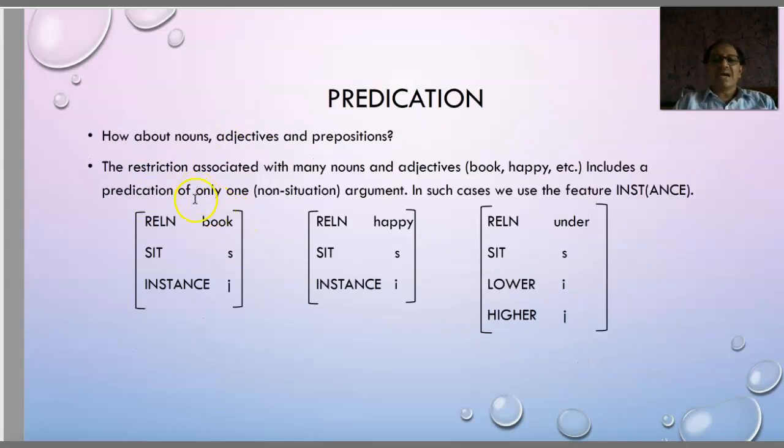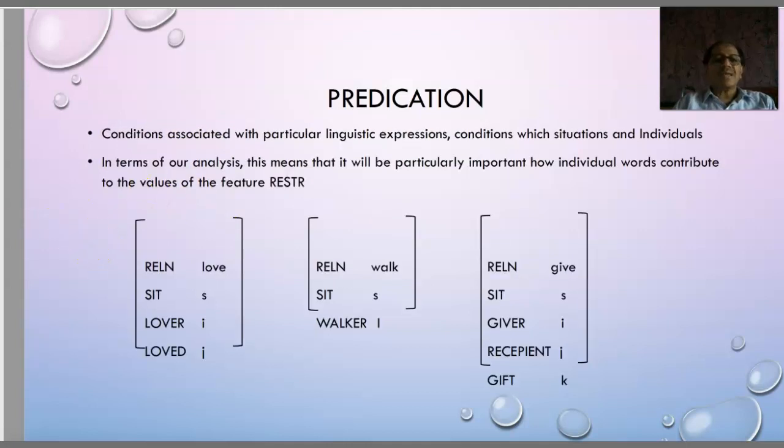How? A verb like love creates a situation, yes, and then there is a lover and a loved. The relation love is between these two. Lover I, loved J. Between I and J, there is a relation love which creates a situation S.